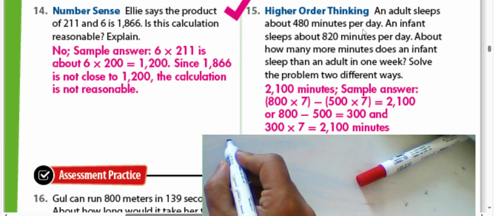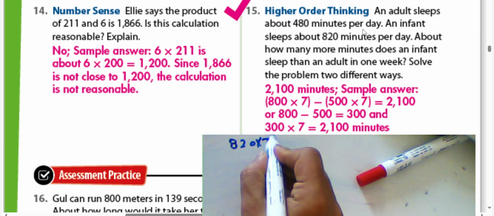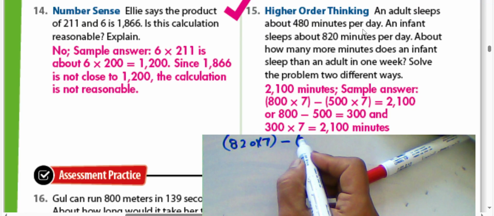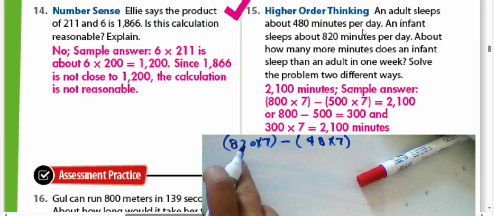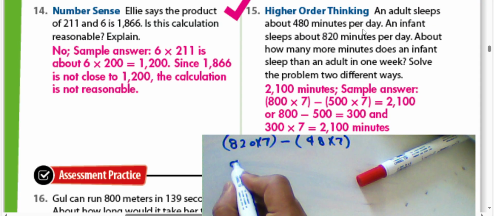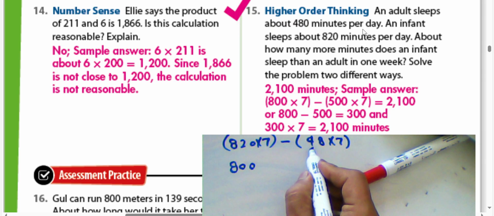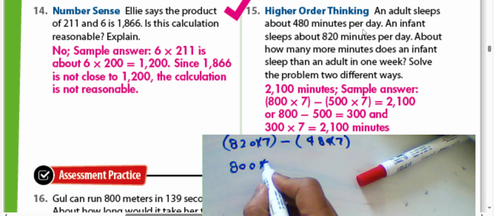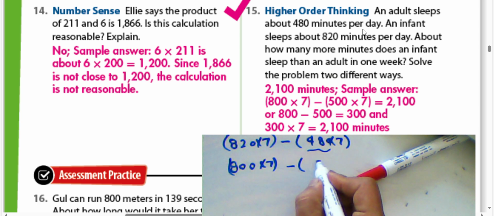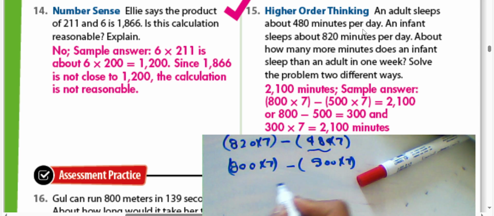Right, 820 product by 7 subtract 480 product by 7. We can approximate this number nearly to 800. Then we can write 800 times 7. And this number 480 is nearest to 500. 500 times 7.